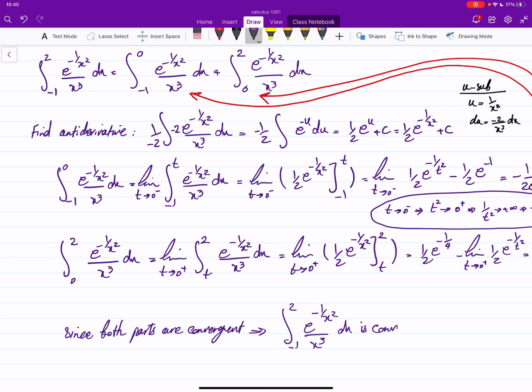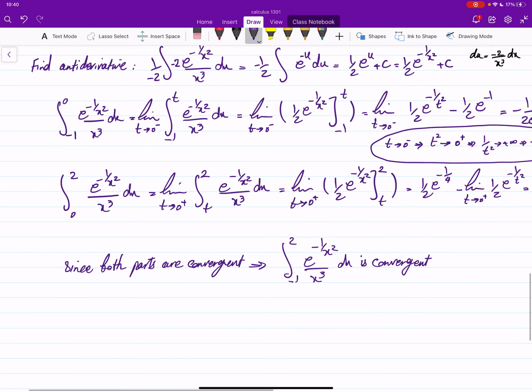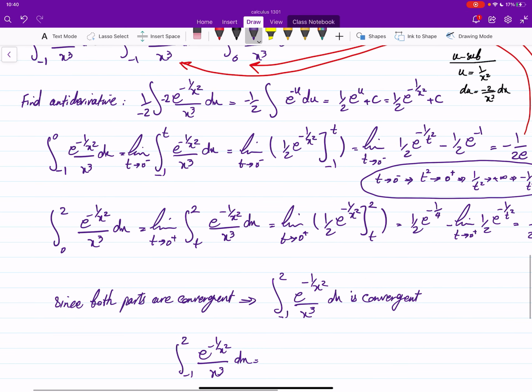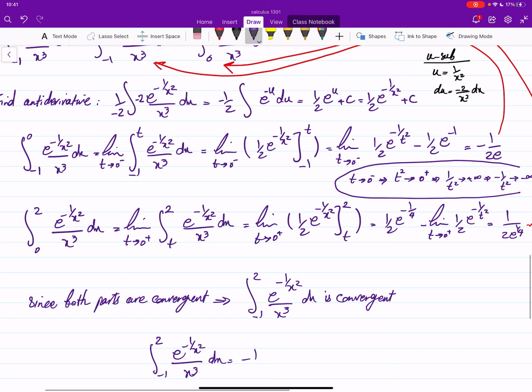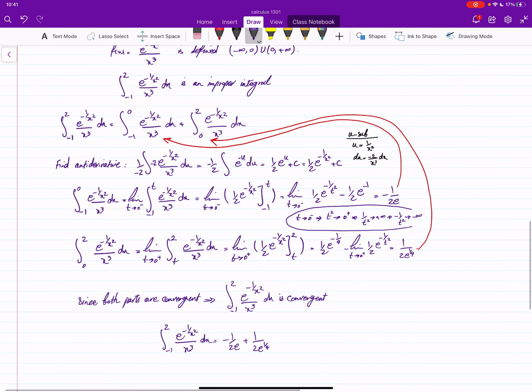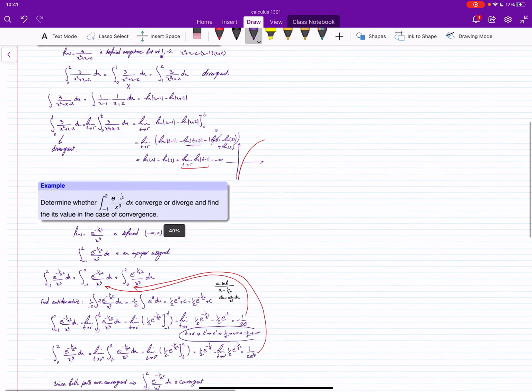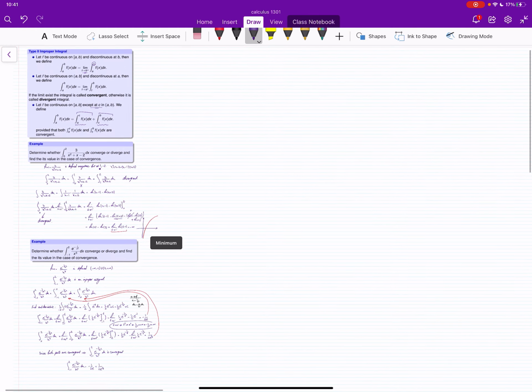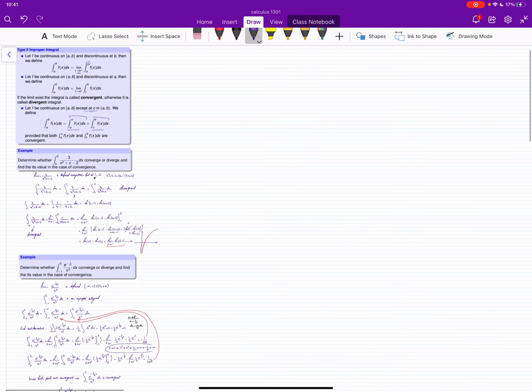And its value actually is the sum of the values of these, negative 1 over 2e plus 1 over 2e to the power 1 over 4. So that is the value of this improper integral, and the improper integral was convergent, and we were able to evaluate that. Okay, so that is the last part of our improper integrals of type 2.